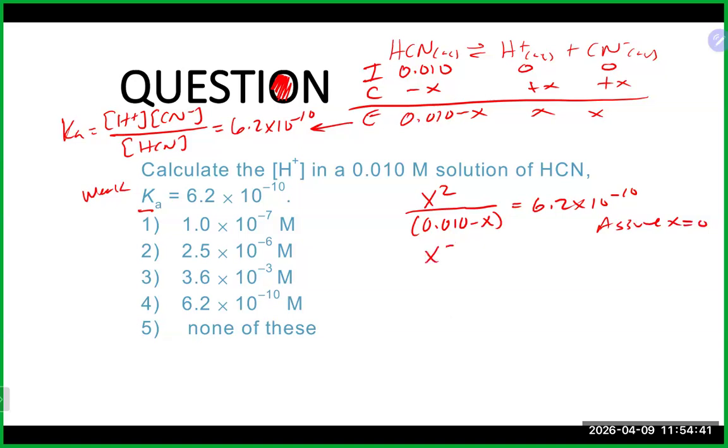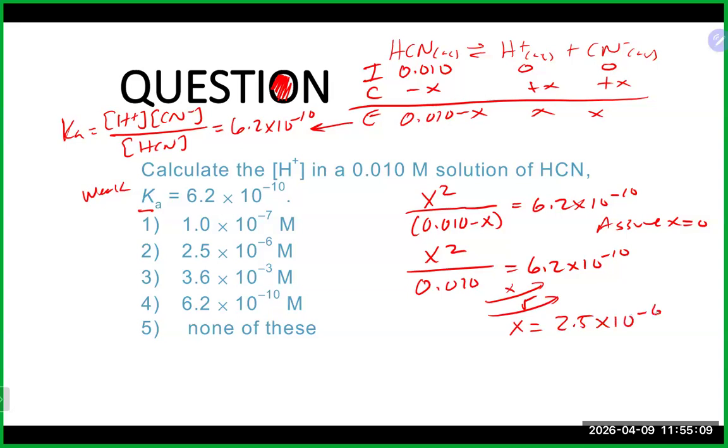That will give us x squared divided by 0.010 equals 6.2 times 10 to the minus 10. Once again, we're going to multiply followed by a square root after that. So if we do 6.2 to the minus 10 times 0.01 and then square root it, that's going to give us an x value here of 2.5 times 10 to the minus 6.